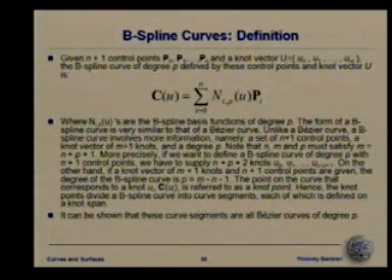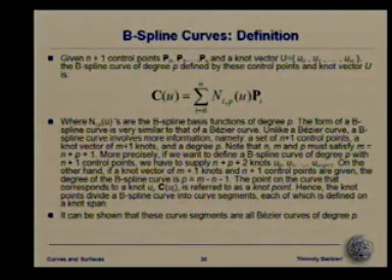And the degree of the curve is not related anymore just to the number of control points, but it also depends on the number of knots you are defining. Actually, they are related with this equation. So m, which is the number of knots, has to be n plus 1, which is the number of control points, plus p, which is the degree.